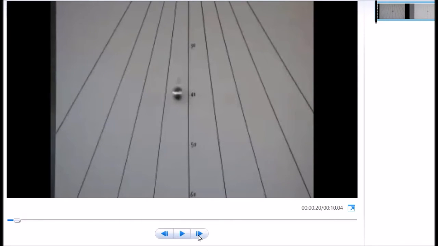Click on the slow play key slowly, and adjust the bob at the maximum point. It seems the timer equals 0.43 seconds.